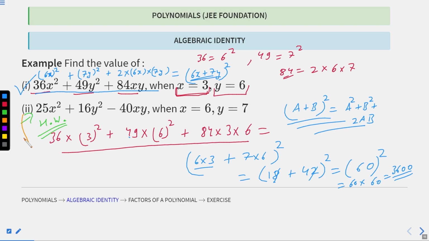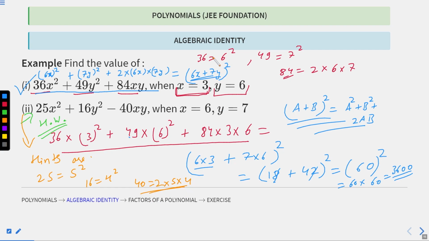So the hints are: if you try to see, 25 is equal to 5 square, 16 is equal to what, 4 square, and 40 I can rewrite as 4 times 5 times 2, which is 20 times 2.